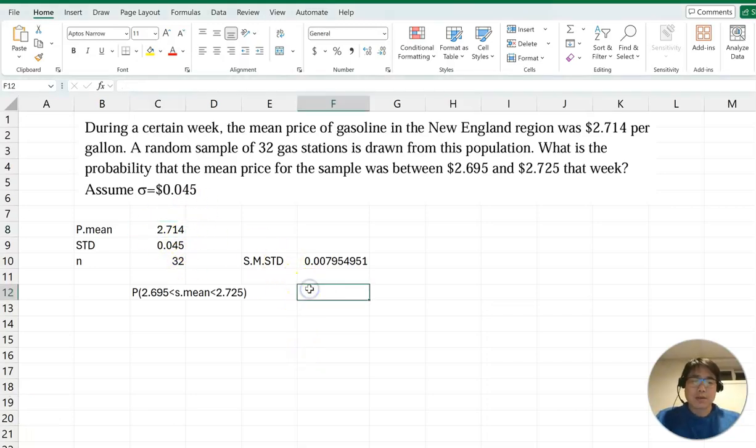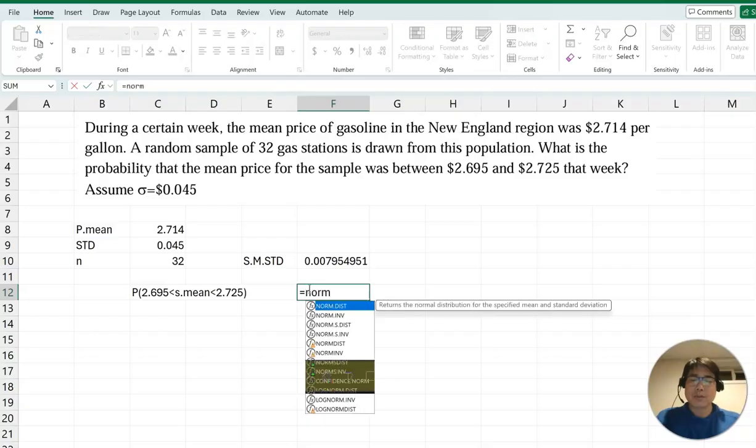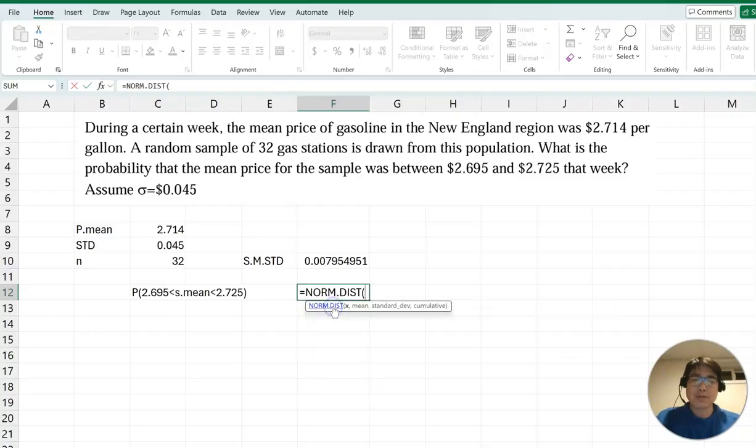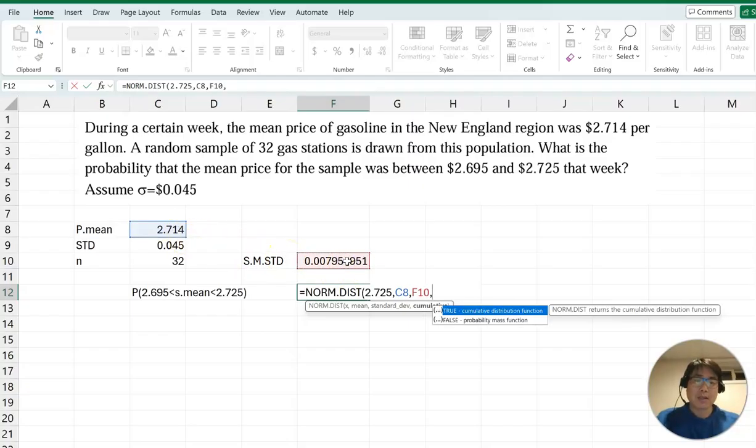So equal to normal distribution, 2.725 comma, then the population mean comma, then the standard deviation. Don't forget you have to use the sampling mean standard deviation instead, comma, cumulative, yes, true.